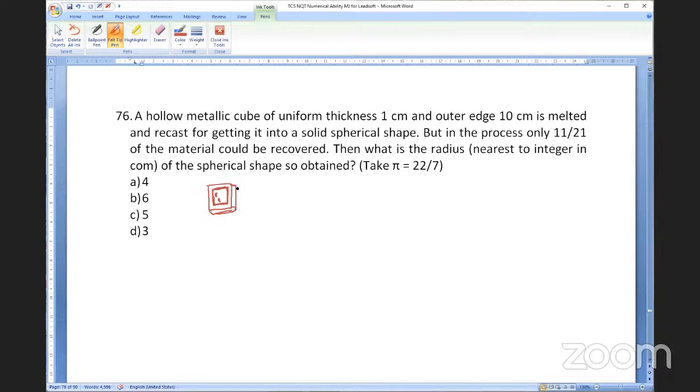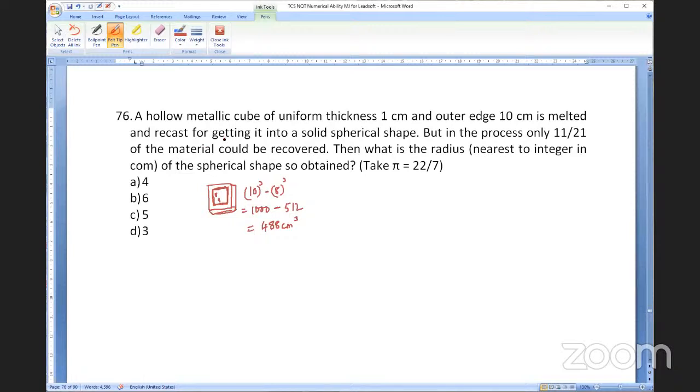So the volume of this metallic cube will be 10 cube from the outer side minus 8 cube from the hollow air side. That would be 1000 minus 512, which is 488 centimeter cube, the volume of the hollow metallic cube.